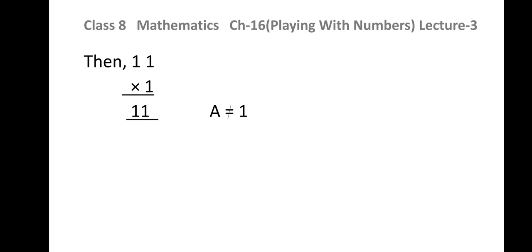So A cannot be 1, because in the first column I should get the answer as 91. If I take 1 as A, my answer should be 91, but here the answer is 11. So A is not equal to 1.